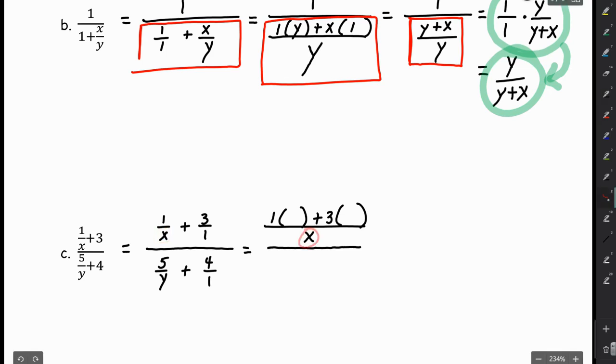X compared to this, they're exactly the same. So we put a 1, and then 1 compared to this, well, x is extra, so x is going to go in the numerator. All right, let's look at the other one. Let's look at the denominator now. Our common denominator is going to be y and 1, or just y. 1 times y is just y.